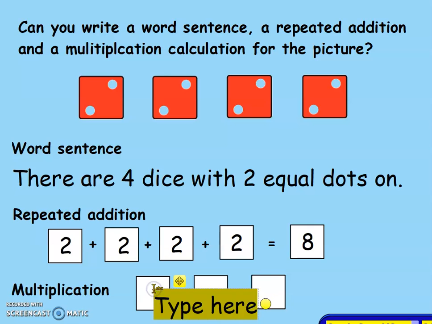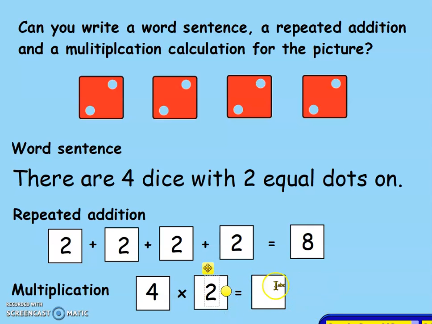So that is 4 lots of 2, or 4 times 2. And the answer is going to be 8. Let's double check, get 4 fingers out, count in your 2s, 2, 4, 6, 8. 4 times 2 is 8.